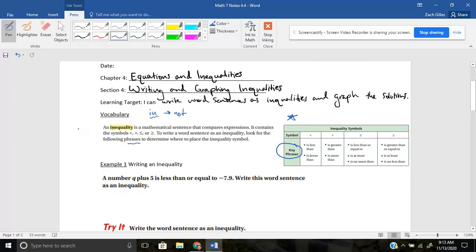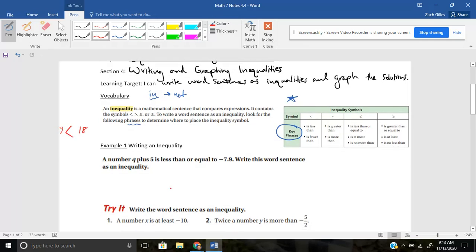Also remember, another way to think about this is Pac-Man eats the bigger number. So this is Pac-Man's mouth. He will eat the bigger number. So for instance, like 18 and 9. 9 is less than 18. Pac-Man eats the bigger number. Some people, maybe their math teacher said the alligator eats the bigger number. Whatever it is, same idea.